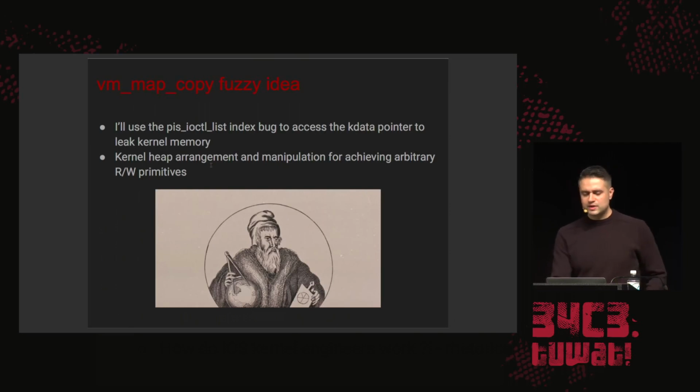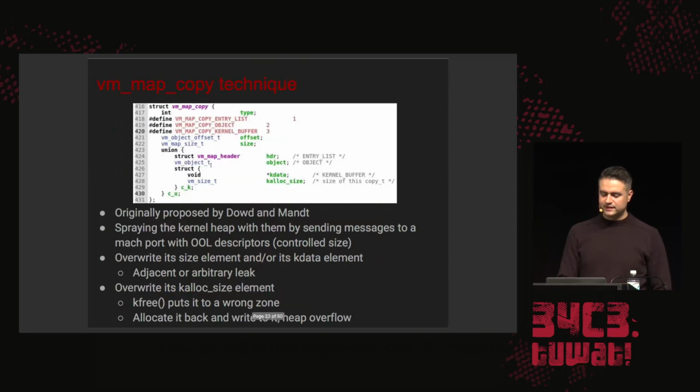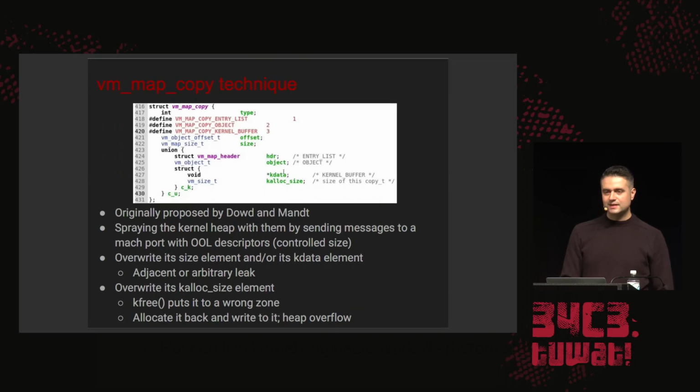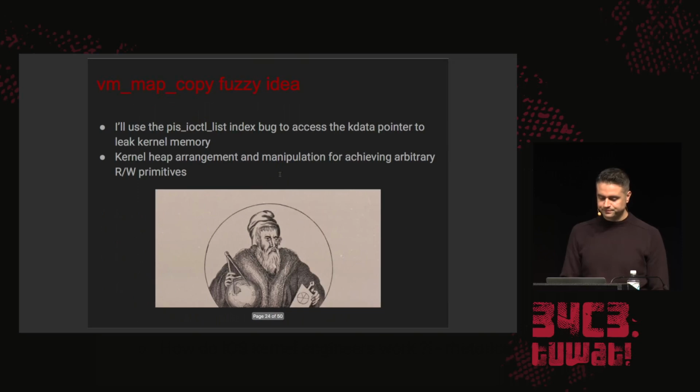Okay, so what was the idea I had at that point? The idea was to use this PSIOCTL list index bug to corrupt this kdata pointer here, and to have a relative leak of kernel heap memory. And that would be my first step towards exploiting the bug.